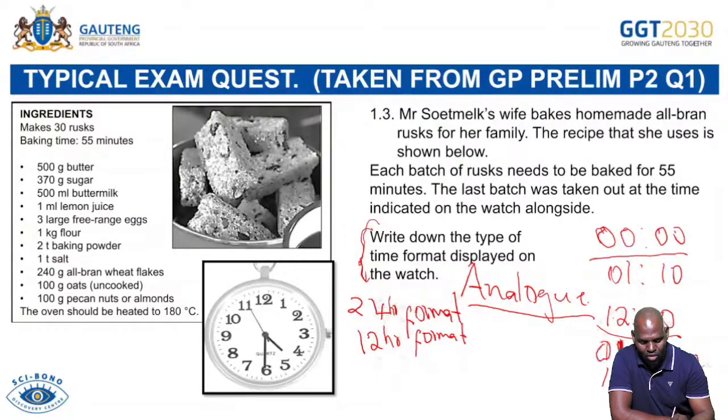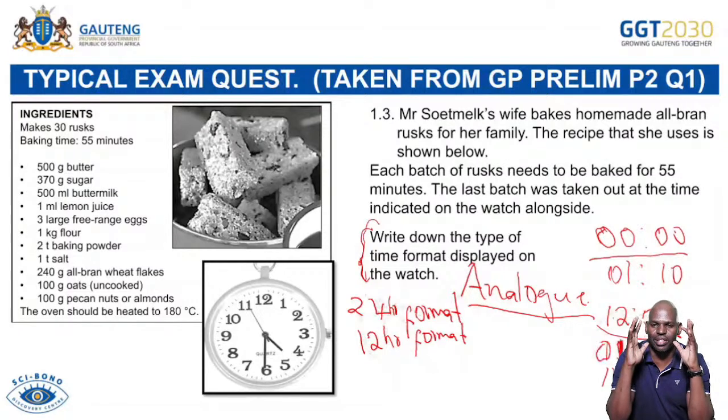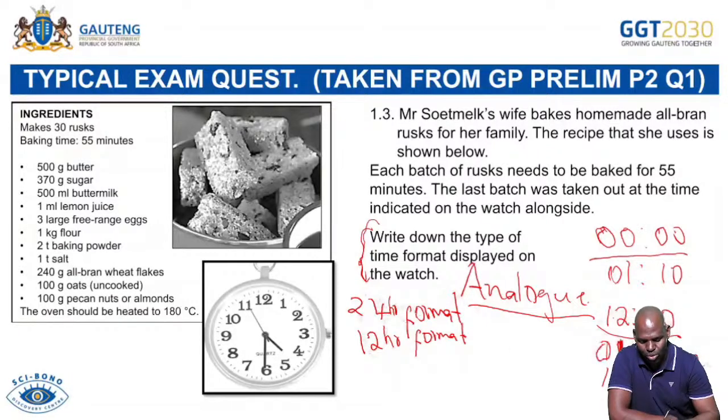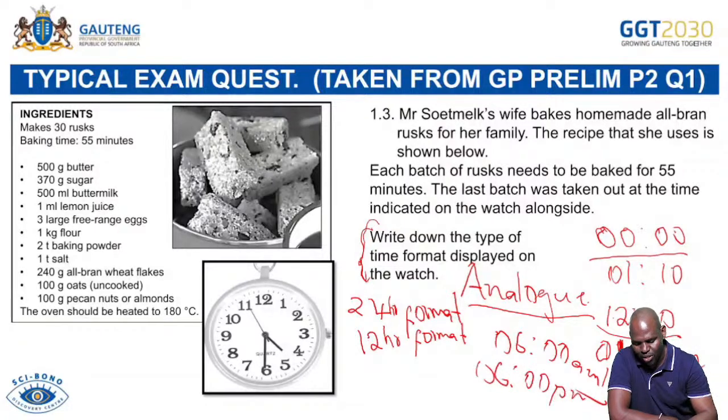So with 12-hour format, when we indicate the time, we actually have to indicate whether this is AM or PM. If it's 6 o'clock in the morning, I have to indicate that it's 6 o'clock AM, right? And if it's 6 o'clock in the evening, I have to indicate 6 o'clock PM.